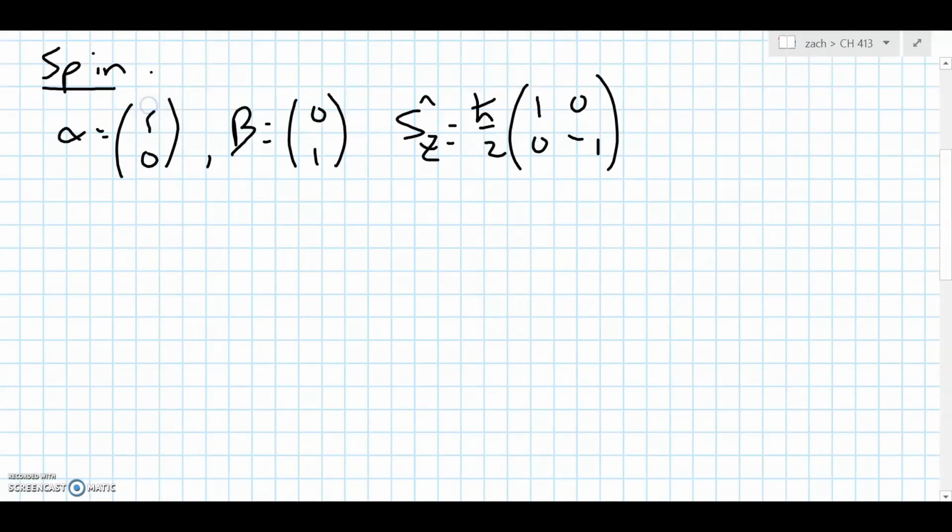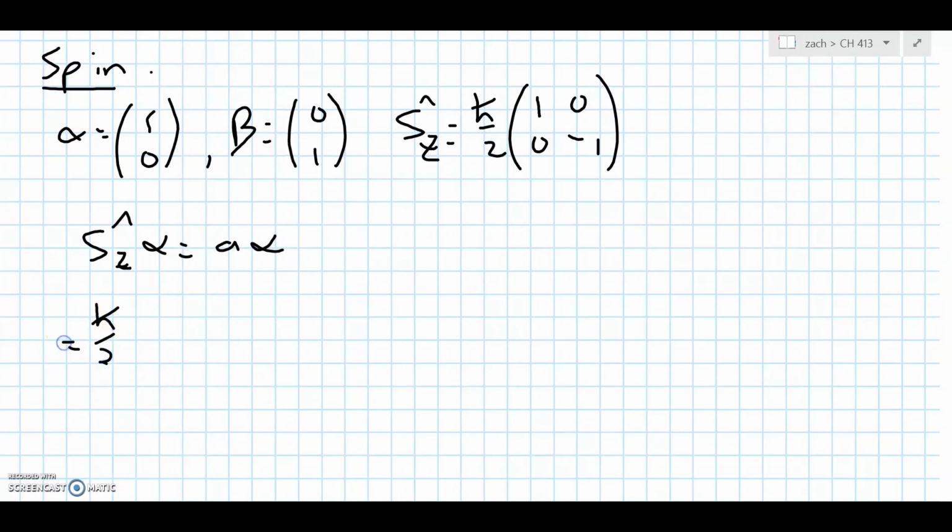So what if we wanted to determine if alpha is an eigenfunction of SZ? So what do we want to figure out next? Okay, so we want to show that SZ operated on alpha returns some sort of constant, let's say A times alpha. So we're going to do this multiplication. Alright, this is what you've been waiting your entire life for.